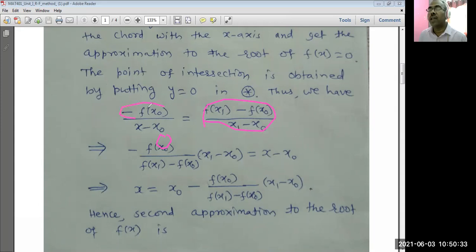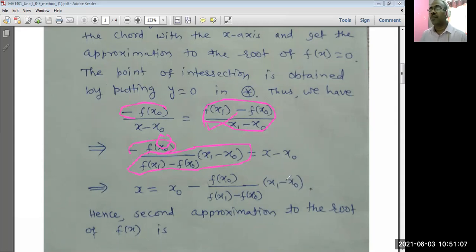This is the reciprocal of this quantity, written in a different way. As we have to find the value of x, we just add x0 on both sides, and that gives x equal to x0 minus f of x0 divided by f of x1 minus f of x0 multiplied by x1 minus x0, right?